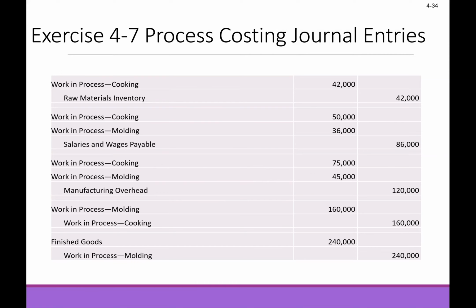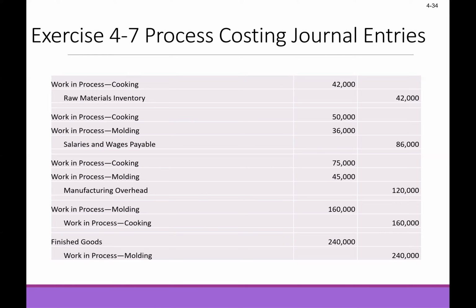We're going to put in the labor for work in process cooking, and it will come directly from salaries and wages payable. The manufacturing overhead will have the same. We'll debit our work in process cooking, and we'll credit the manufacturing overhead. That goes straight into that cooking.